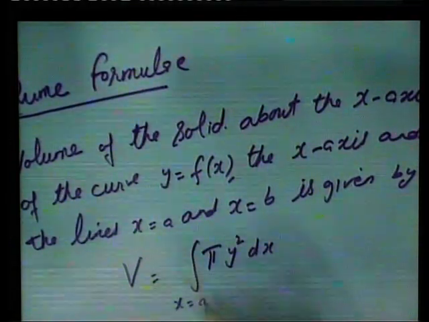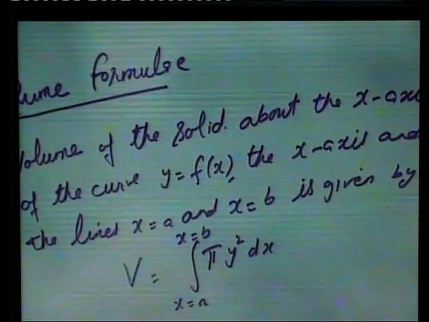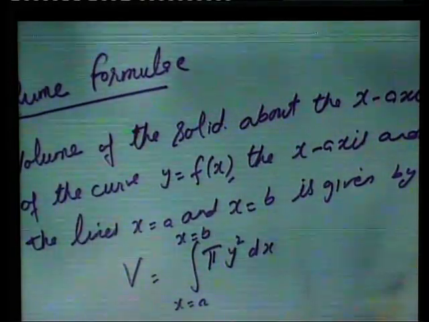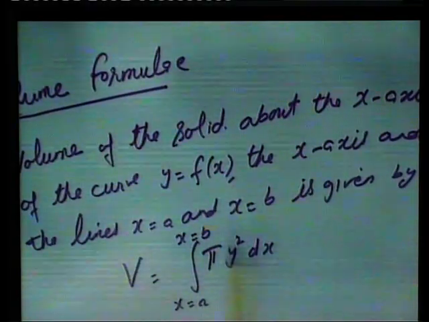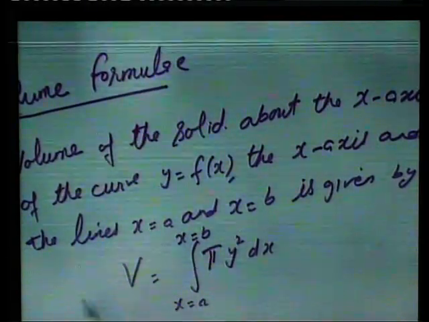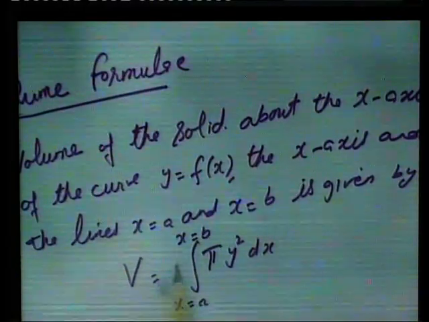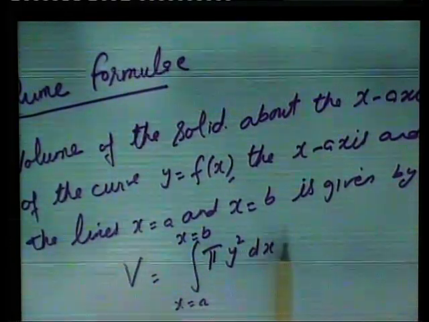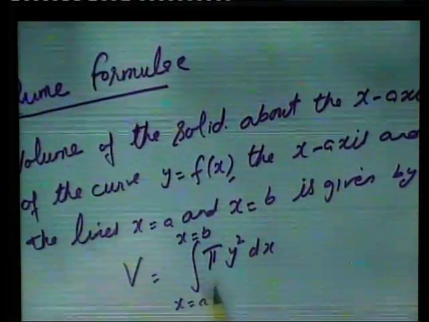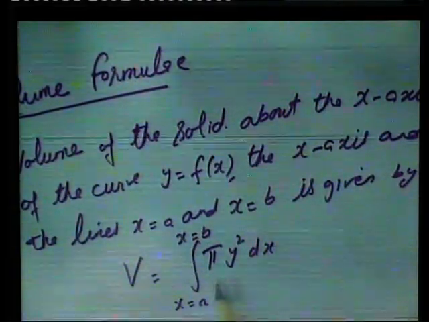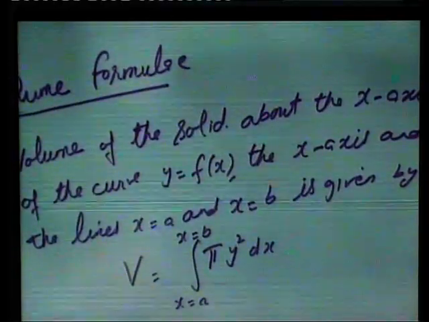Limits are from a to b. Volume of the solid about x-axis of the curve y is equal to f(x), the x-axis, and the lines x is equal to a and x is equal to b is given by integral from a to b pi y square dx.